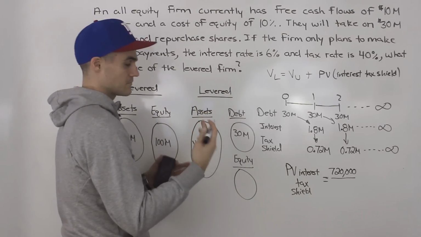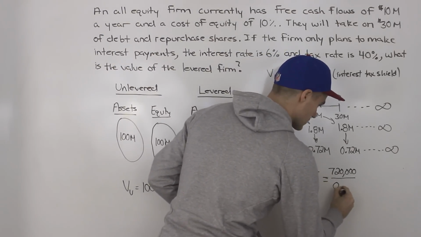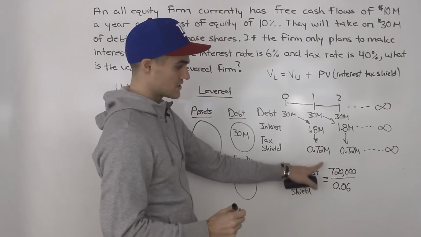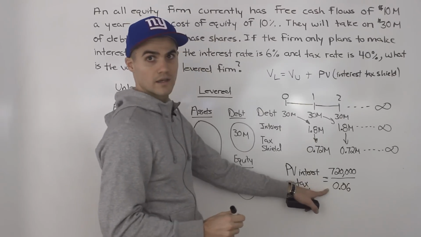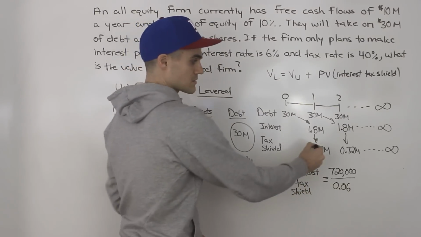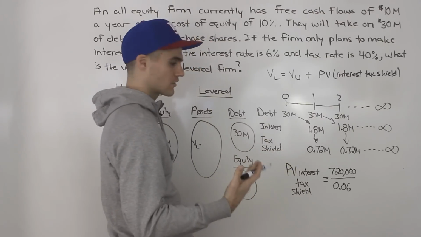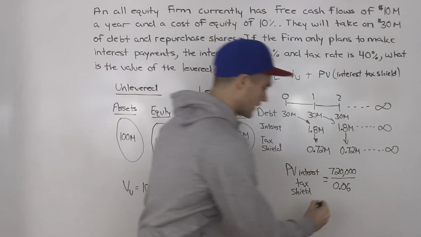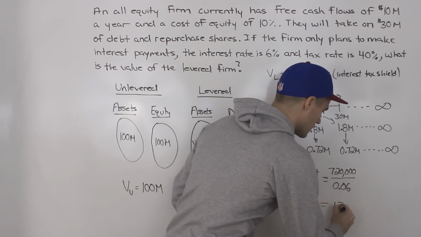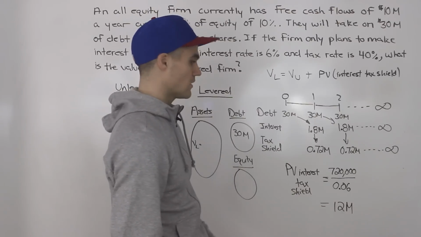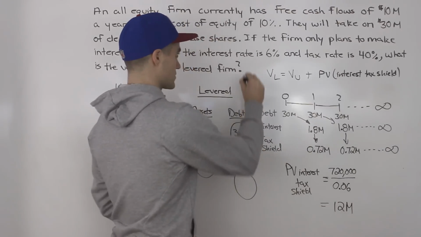Both of those are the same, which is 0.06. This is the formula for a perpetuity, if you remember. It's the cash flow over the interest rate. And this is a perpetuity because this tax shield we are receiving forever. And when you do that calculation, you end up getting 12 million. So that is the present value of the interest tax shield.